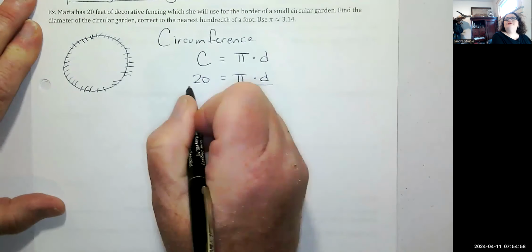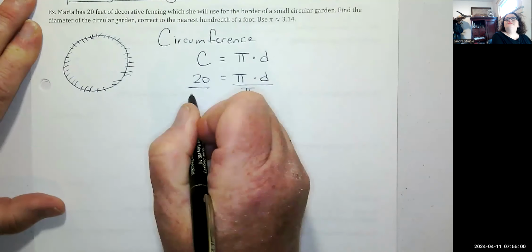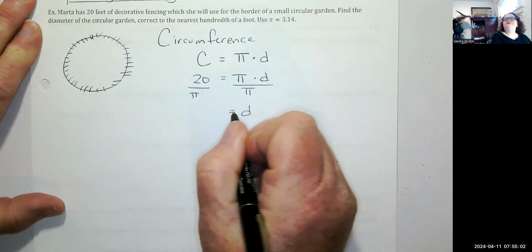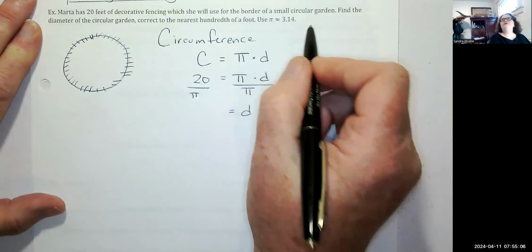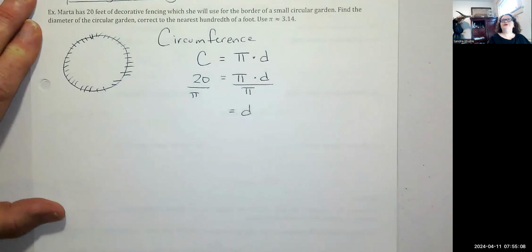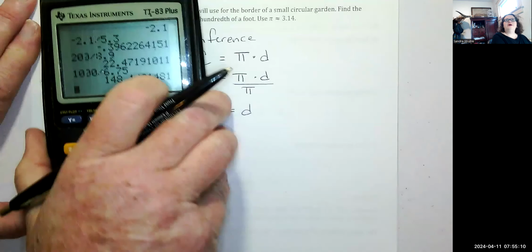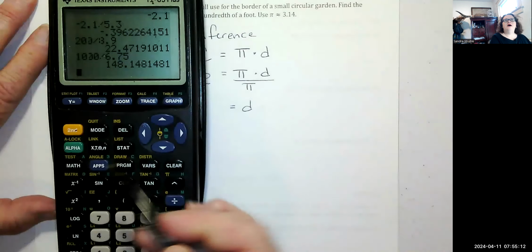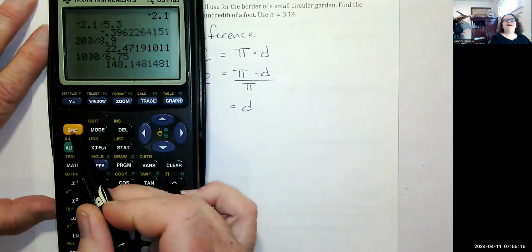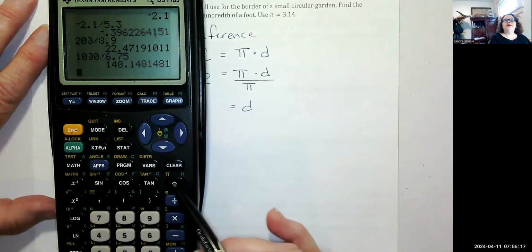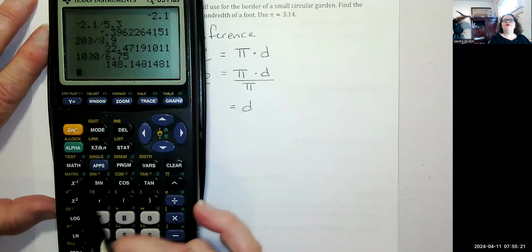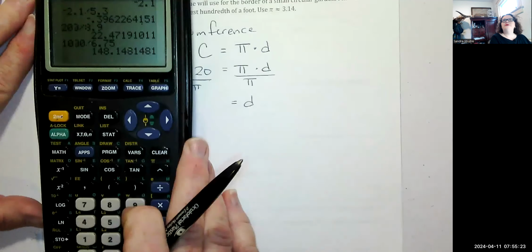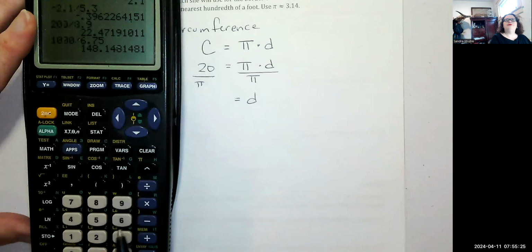So we just have to divide both sides by pi to find what the diameter is. In this case, they want us to use pi is equivalent to 3.14. Typically, I would tell you to use your pi on your calculator. We all have one. For mine, I would have to hit second and then the caret key because it's right there. If you have a TI-30X2S, it's going to be over here somewhere. You would have to find it. But let's go with 3.14.